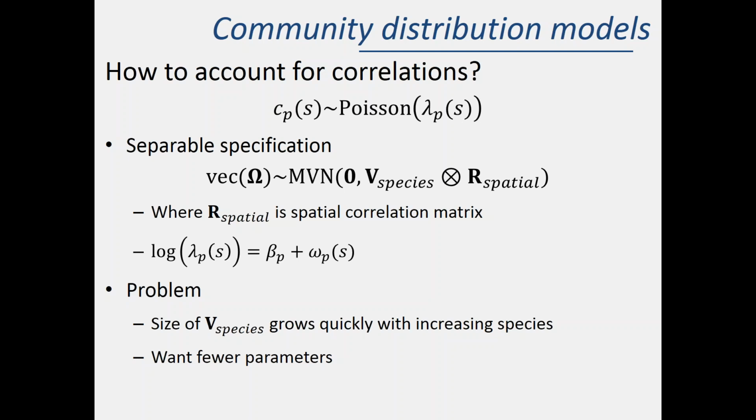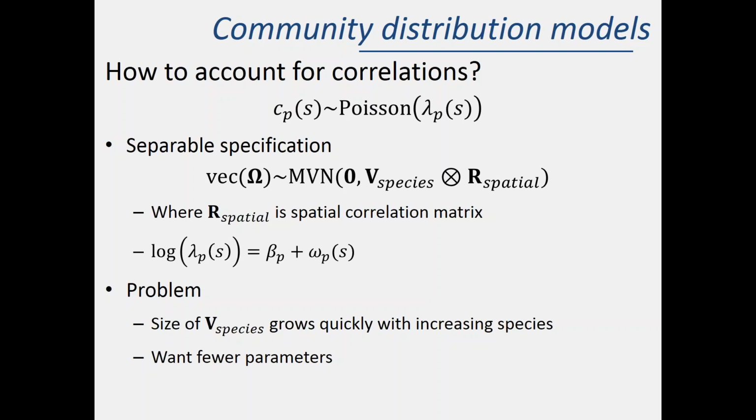And then there's this omega_ps that represents spatial variation. We've been using omega for spatial variation for most of the class. And omega is a matrix; the way I usually notate this is S is the rows and P is the columns. So if you've got 100 sites and 10 species, you've got a 100 by 10 matrix.